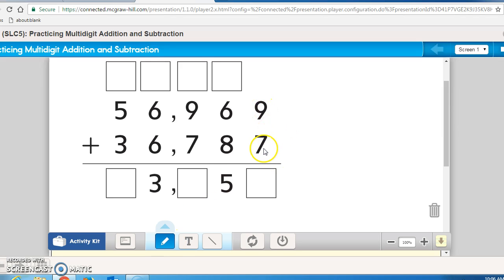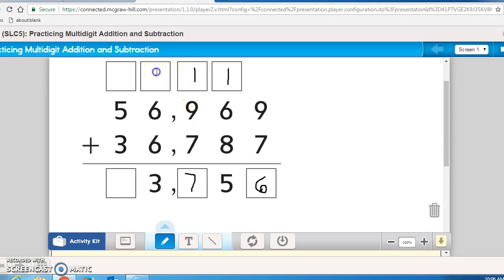Well, 9 plus 7 is 16, and I'm going to carry the 1. 8 plus 6 is 14, plus 1 more is 15, so I know I did that right, and I carry a 1 again. I always start with the largest number. 9 plus 1 is 10, plus 7 is 17.